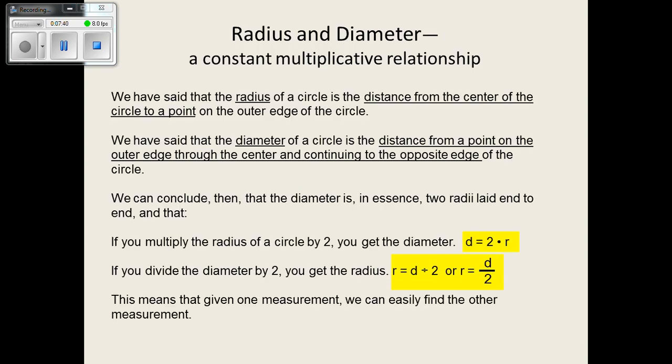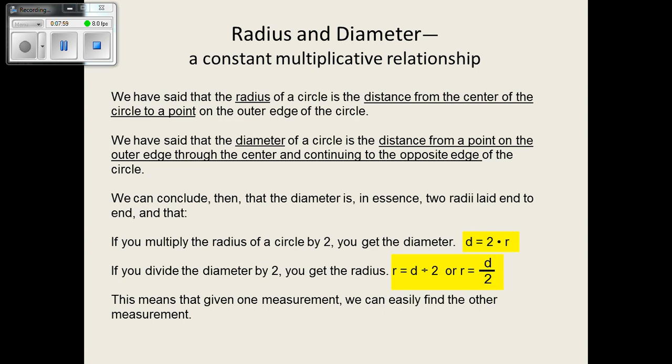So our equations are based upon constant mathematical relationships. The radius and diameter have a constant multiplicative relationship. We have said that the radius of the circle is the distance from the center of the circle to a point on the outer edge of the circle.